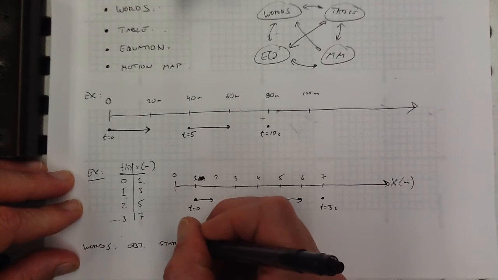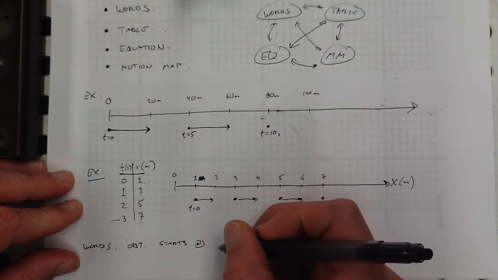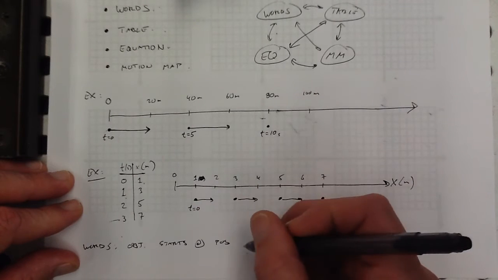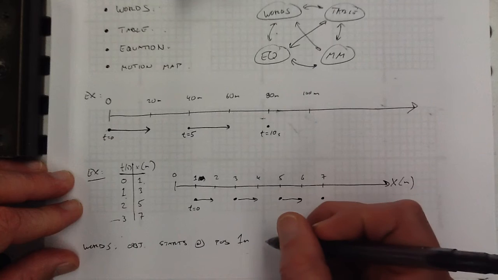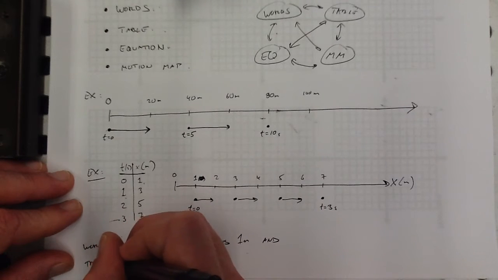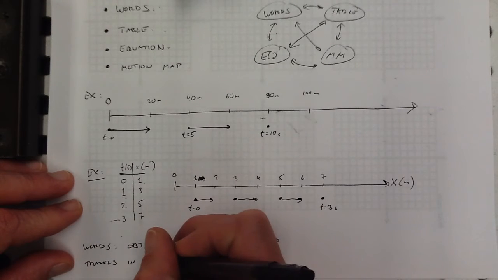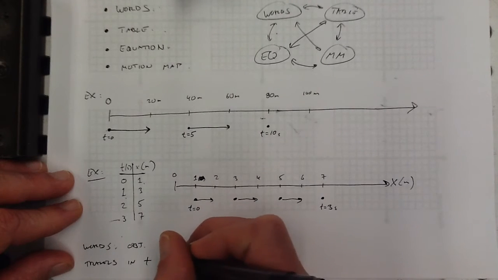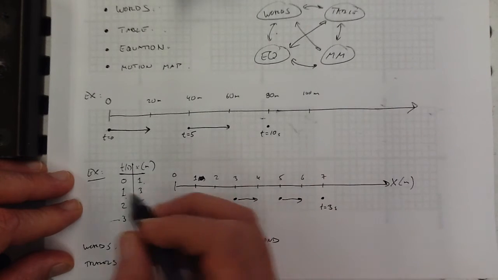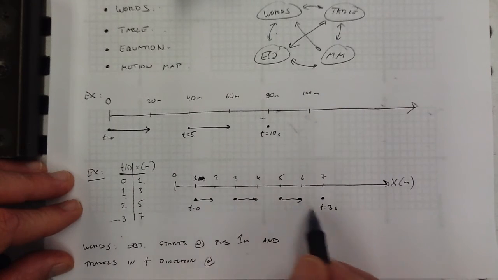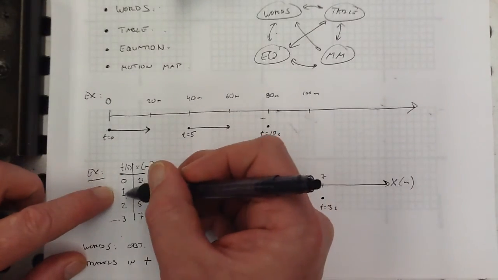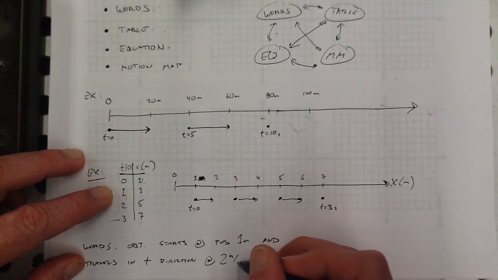Starts at position 1 meter and travels in the positive direction at, what's the velocity of this? Let's see, every second that goes by it moves forward 2 meters every 1 second, at 2 meters per second.